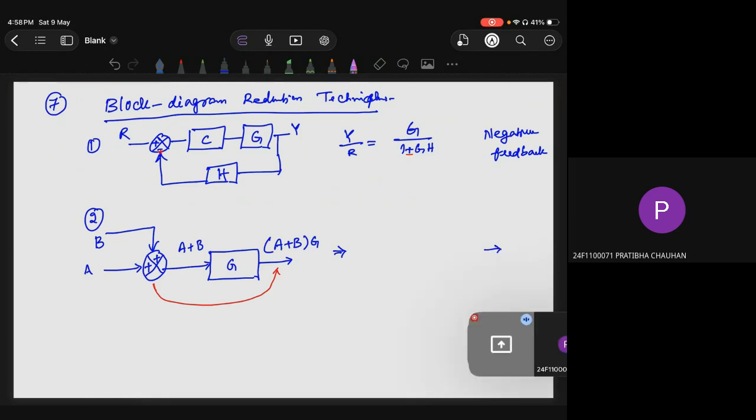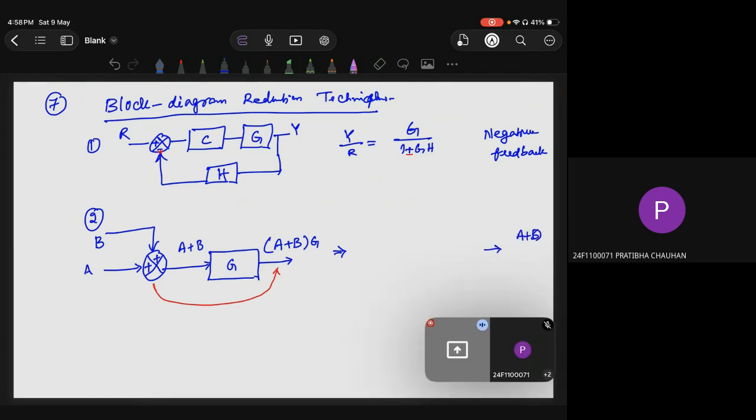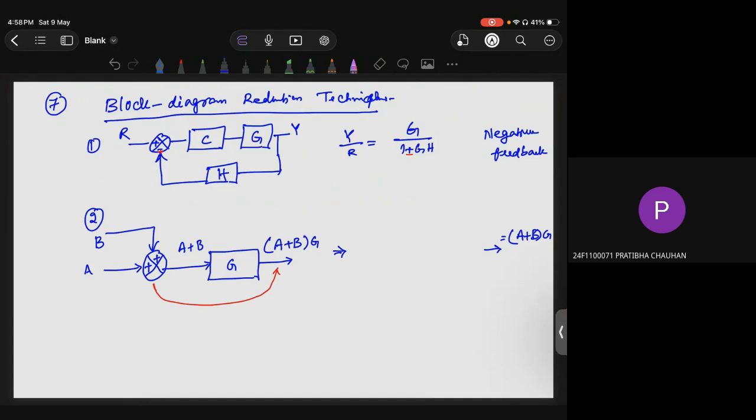What is our final expression? A plus B multiplied by Z, correct? I need to get the same expression, so let's write that as AZ plus BZ. Now what is your intention? Basically, your intention is to shift this one here and your Z should be here, correct? So that has to be plus plus and G.